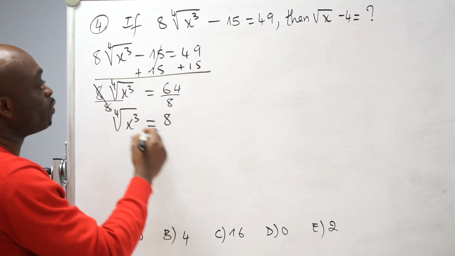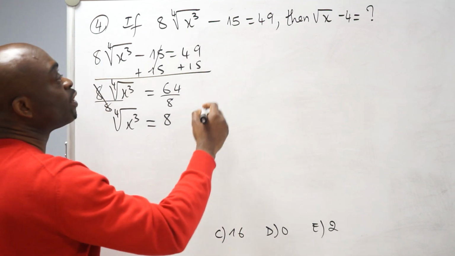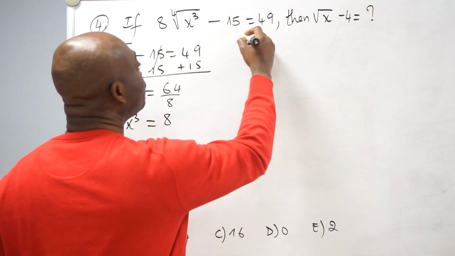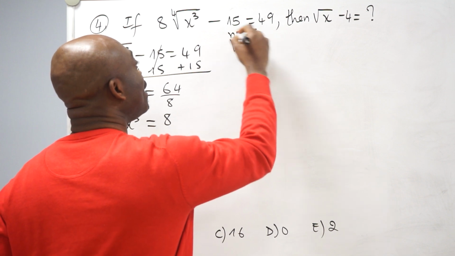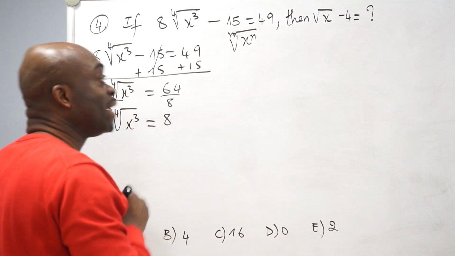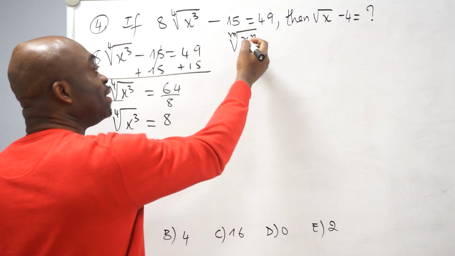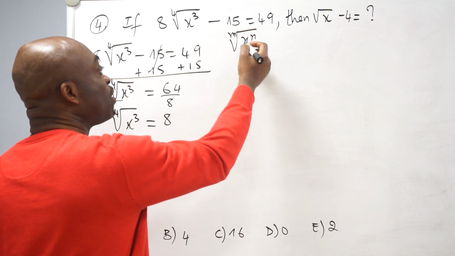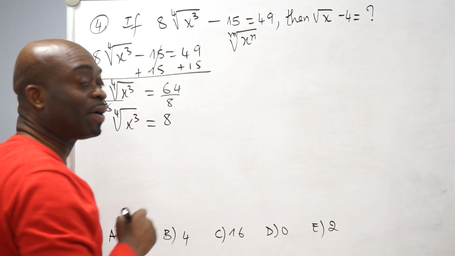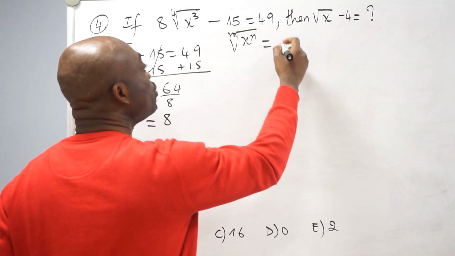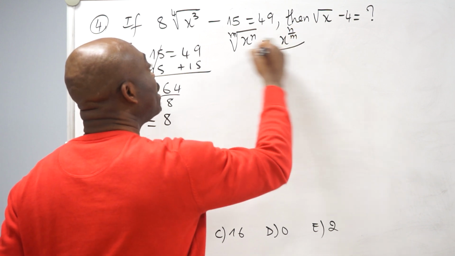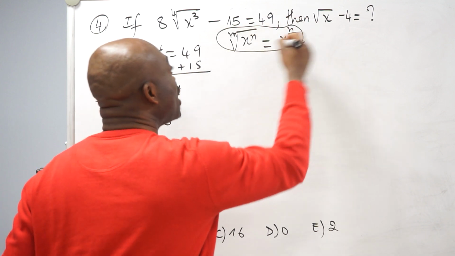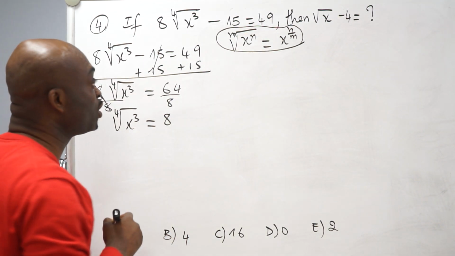So remember, guys, if you have the mth root of x to the power n, where m is the index and n is the power, you end up with x to the n over m. That's how you change a radical into exponential format.